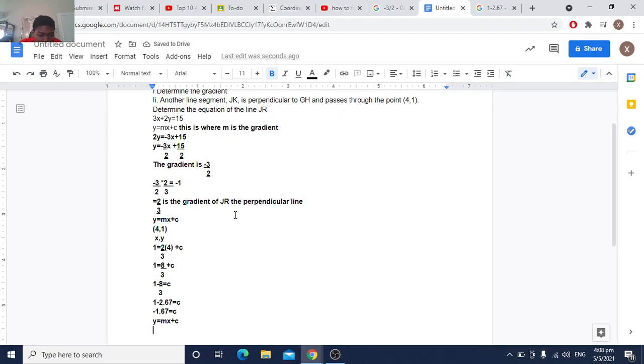So we're just going to have y is equal to the gradient, which is 2 over 3 x, plus negative 1.67. So that's going to be the answer, you guys.